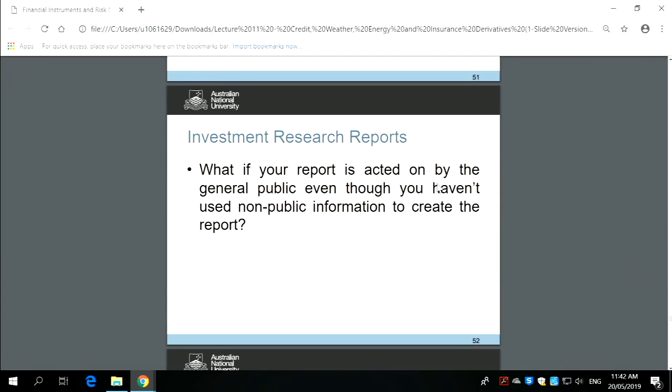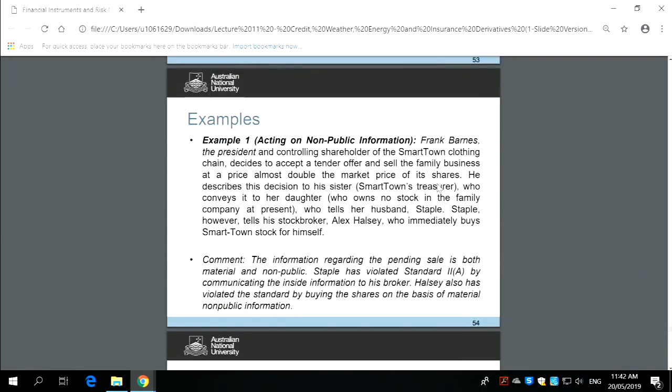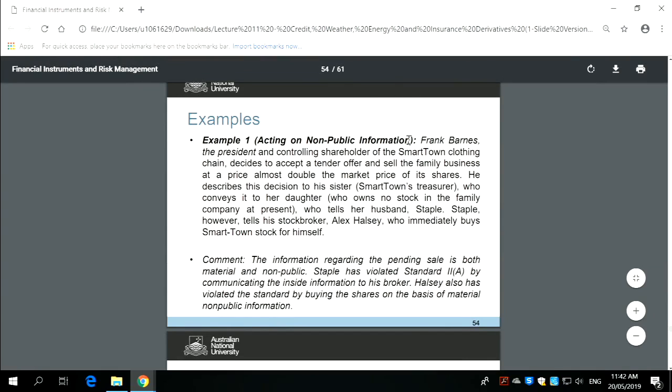Okay, so that's the investment bank research report. Let's have a look at two examples here. The first example says Frank is the president and controlling shareholder of Smart Town Clothing. Frank decides to accept a tender offer and sell the family business at a price that's almost double the market price of his current share price.